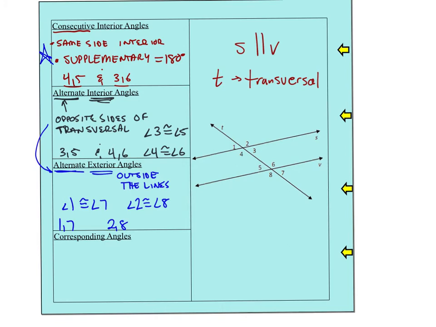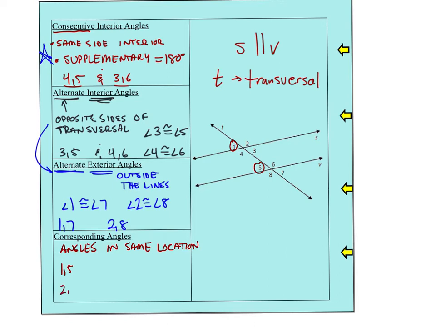Then lastly, corresponding just means angles in the same location. That's all it means. Examples are 1 and 5. 1 is in the same location as 5 relatively, they're both above and to the left of the transversal.